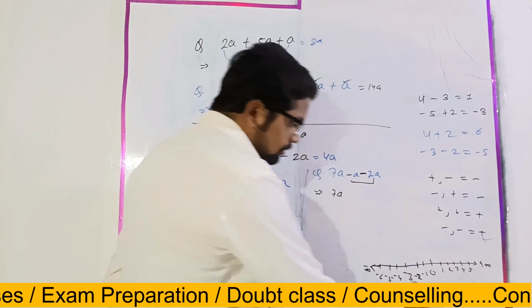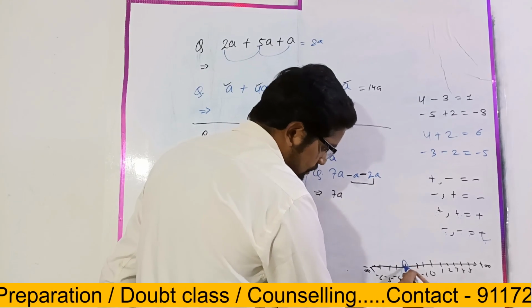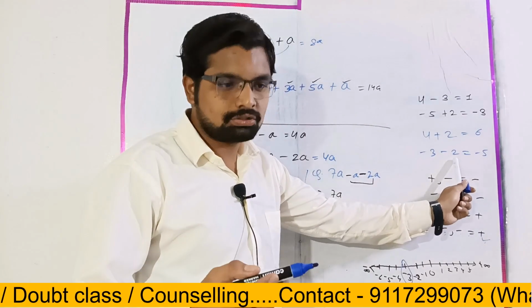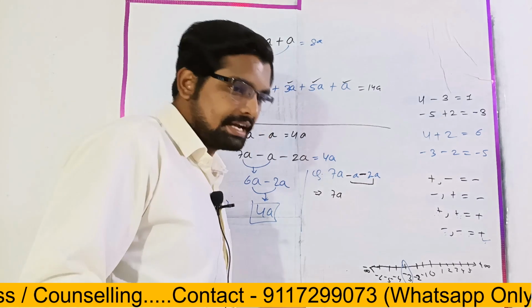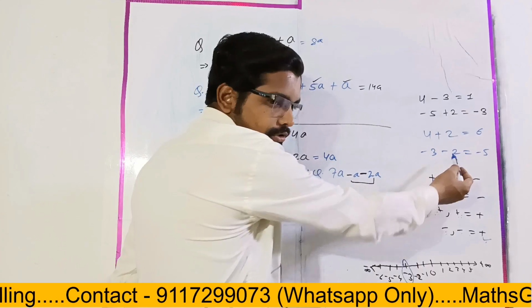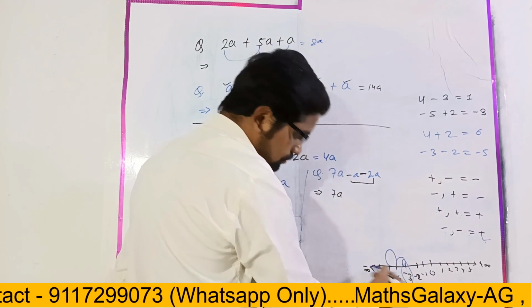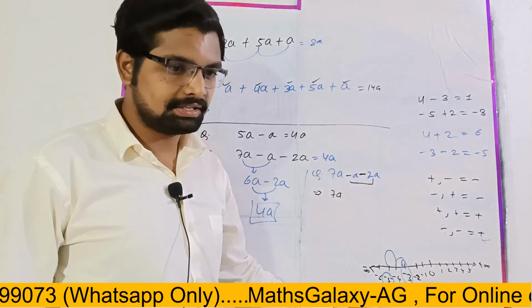Suppose you are on minus 3, you have to move minus 2, means you have to move backward, in the left side. So how many steps? 2 steps, 1, 2, you will reach minus 5. Is it clear?